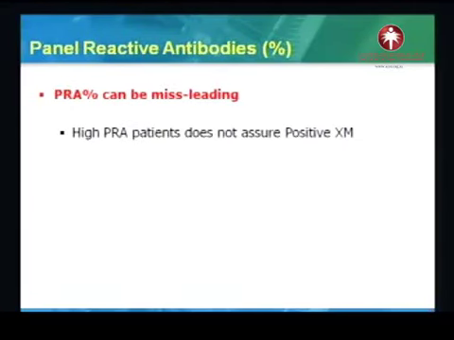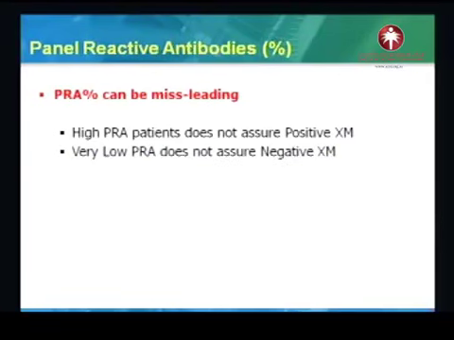So PRA percentage can be misleading. A high PRA patient does not assure a positive cross-match, again due to just the composition of the panel. And vice versa is also true. A very low PRA does not assure a negative cross-match. Maybe the patient has antibodies, but the antigens were absent on the panel we used to test them.